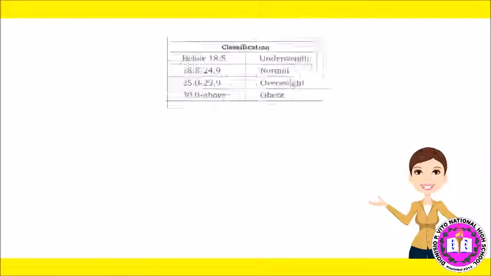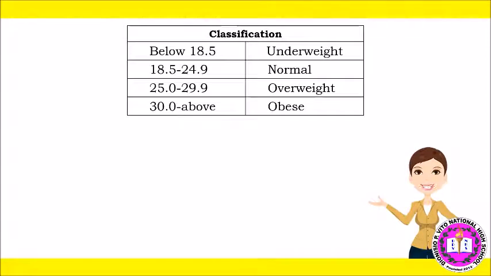We have the classification. Below 18.5, that is underweight. 18.5 to 24.9, that is normal. 25.0 to 29.9, that is overweight. 30.0 and above, that is obese.